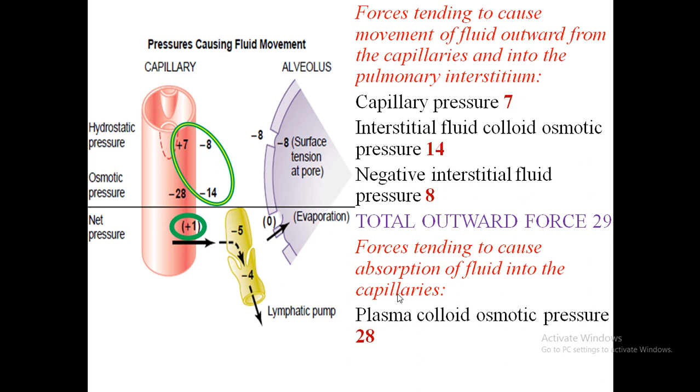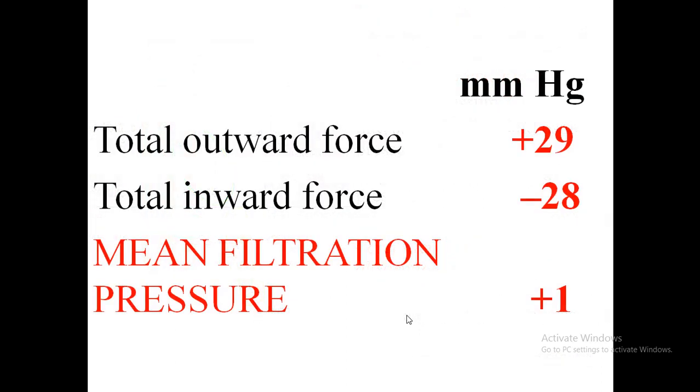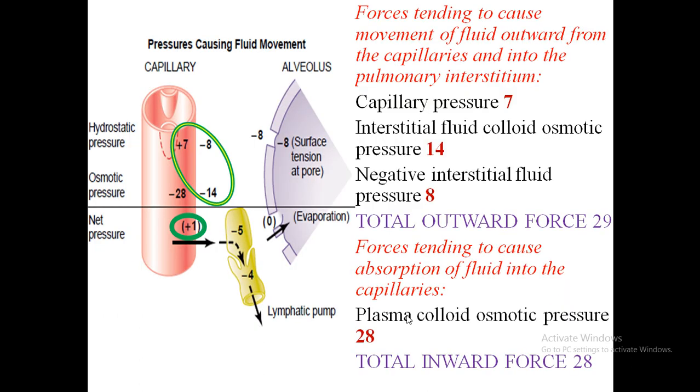So by calculating all these together, we have a net force of plus 1, and the direction is outward. This is the mean filtration pressure, the pressure which tends to move fluid outside.